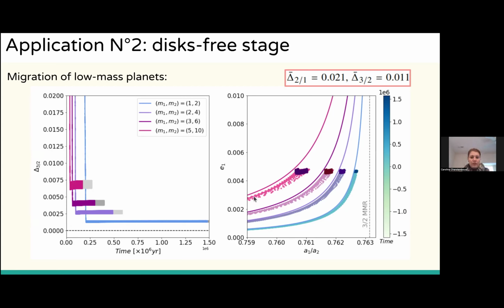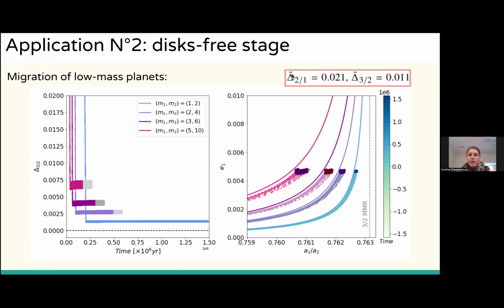But if we plot the pericentric branch, as we did, because we can do this for 2 planets, we can have the pericentric branch of the resonance for each of these masses, and we see that the planets are in fact following their pericentric branch, but each branch is different for different masses. So it's not that they are shifted from the commensurability, they are following the pericentric branch. They are only away from the nominal value.